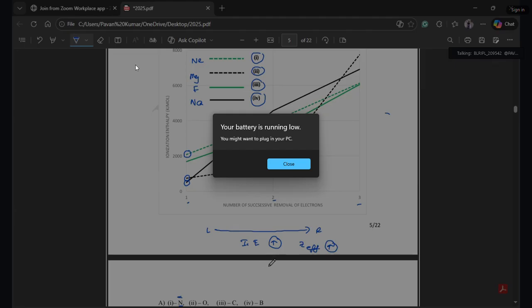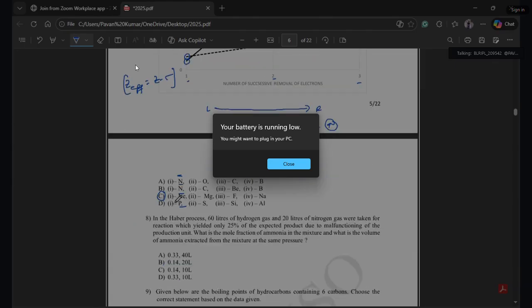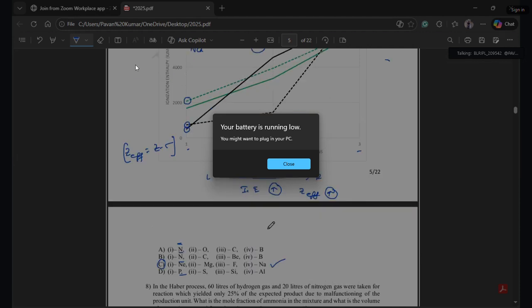I hope you all know about this particular concept, Z effective, the effective nuclear charge. Z effective is equal to Z minus sigma, where sigma is the shielding constant. Okay, so based on this, we can conclude that option C will be the correct answer. I hope you all understand this question.